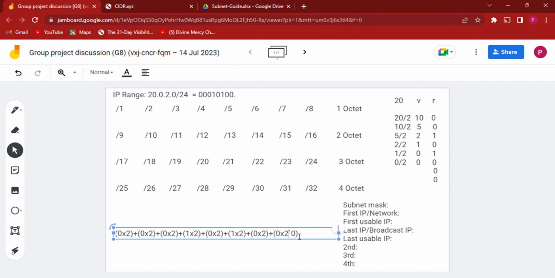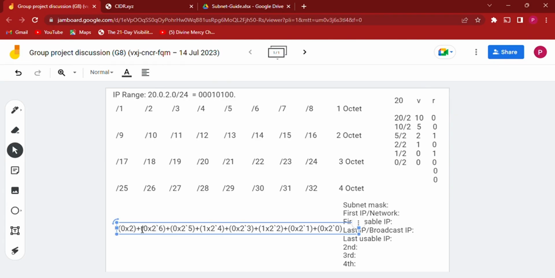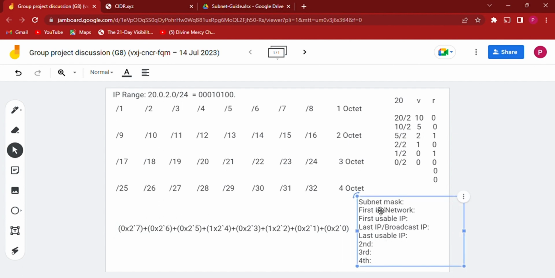So let's count with me. 2 raised to the power 1. You start from 0. 2 raised to the power 2, 2 raised to the power 3, 2 raised to the power 4, 2 raised to the power 5, 6, 7.